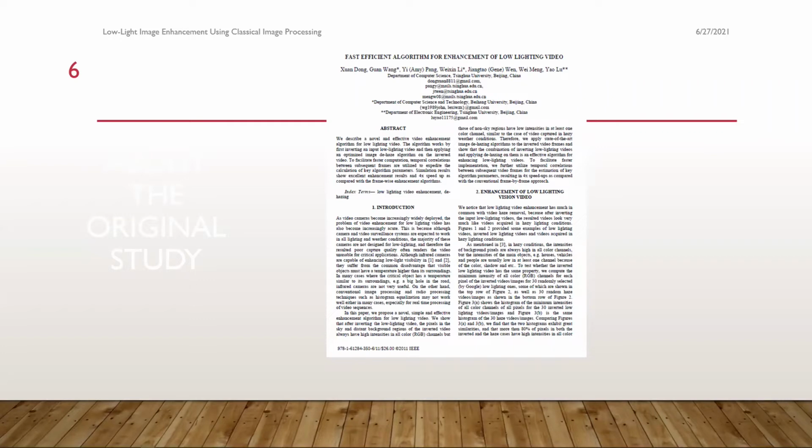Similar to the case of video captured in hazy weather conditions, therefore they applied state-of-the-art image dehazing algorithms to the inverted video frames and show that the combination of inverting low lighting videos and applying dehazing on them is an effective algorithm for enhancing low lighting videos. To facilitate faster implementation, they further utilized temporal correlation between subsequent video frames for the estimation of key algorithm parameters, resulting in a faster algorithm as compared with the conventional frame-by-frame approach.